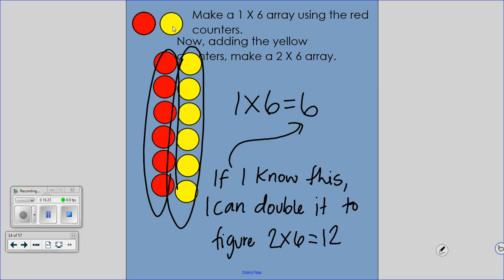Piper? Perfect. Your 2's are just your doubles. And you should know your doubles from way back at the very beginning of the year. That was one of our very first mental math strategies, our doubles. You should know your doubles.